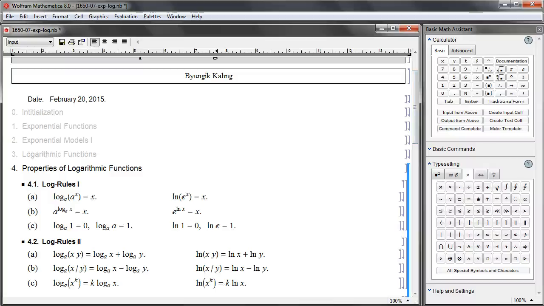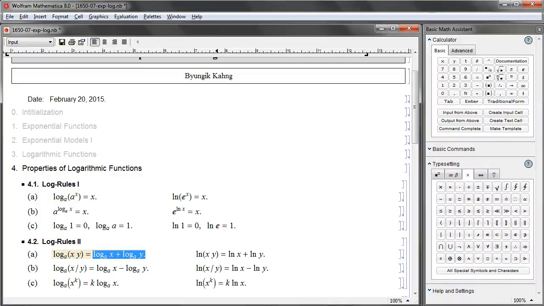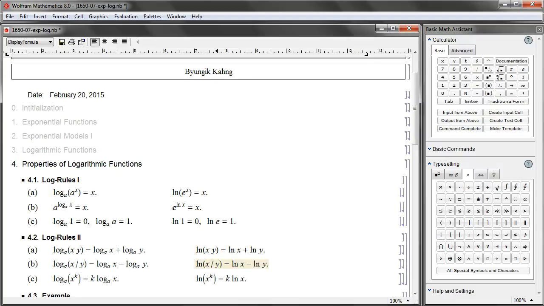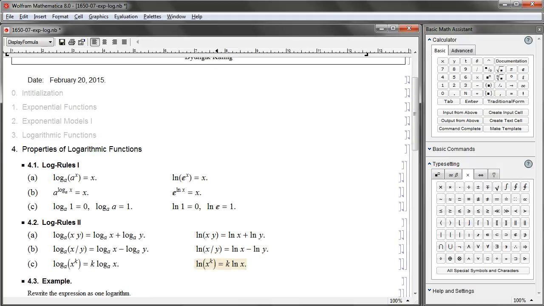Log functions change multiplication into addition, division into subtraction, and power into coefficient. That's what the log functions do. Just for arbitrary a. For the special case when a is e, then we have natural log ln, but the rules remain exactly the same. And why are they true?